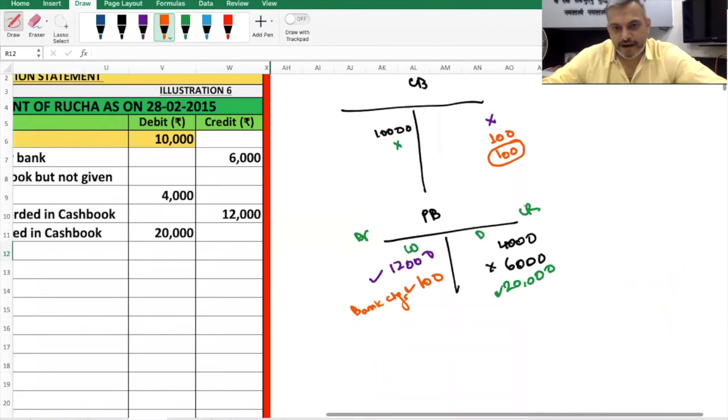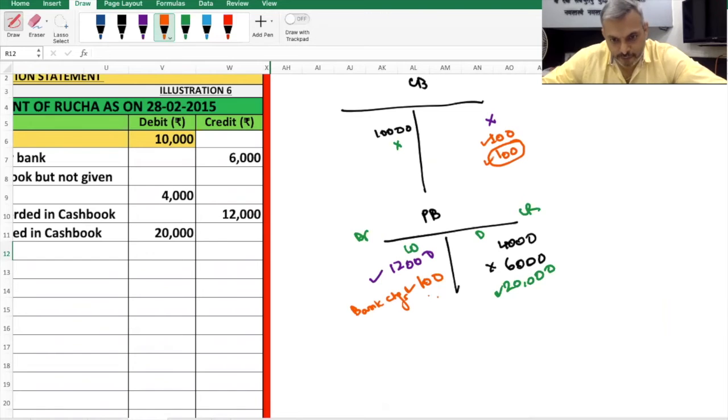Another way of understanding is that 100 has come once here, and once here as well. Now 100 has come on credit side, but in passbook it has not come on debit side. So that is also one of the ways of understanding. Either reverse what is wrong or you do what is to be done to balance it.